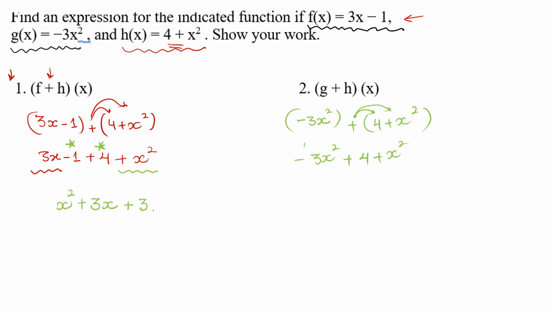Now minus 3x square, we have another plus x square. You can see there is no coefficient here, it means 1 is here. So negative 3 plus 1, if you do it in the calculator or mentally, you will get negative 2, and x square written as it is. Then this constant number is left, so write it down, and that is your final answer.